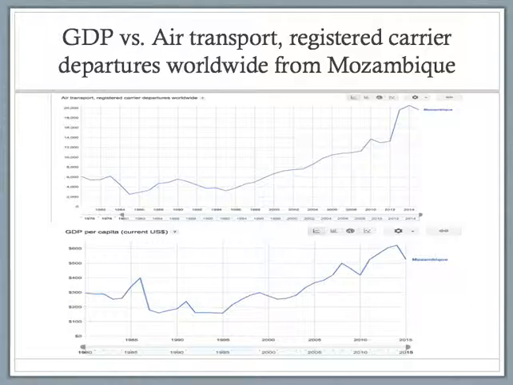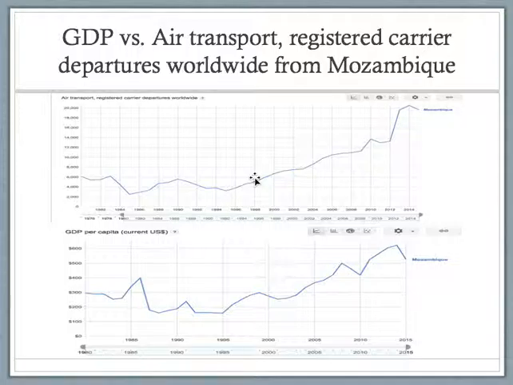Taking an example of the aircraft departures from 1995 to 1999, which has a massive increase from 7,800 aircraft to 10,600 aircraft departures.